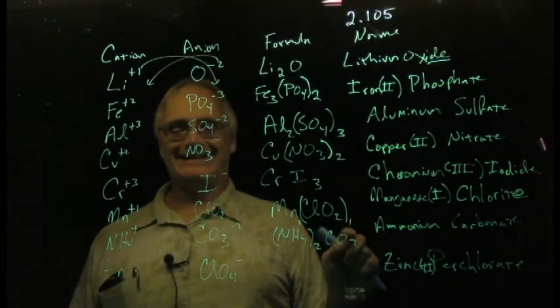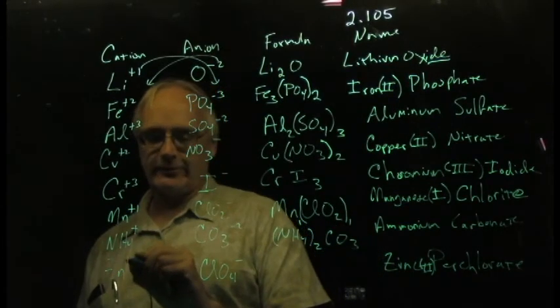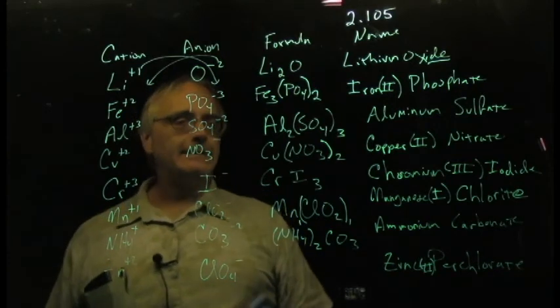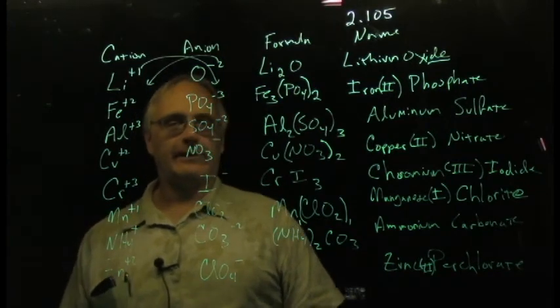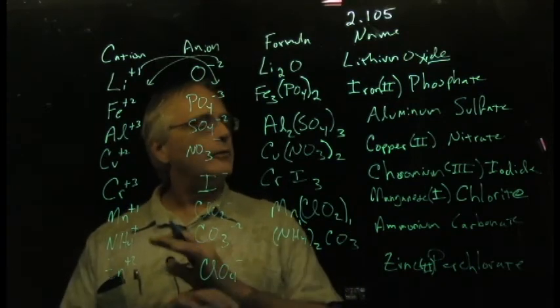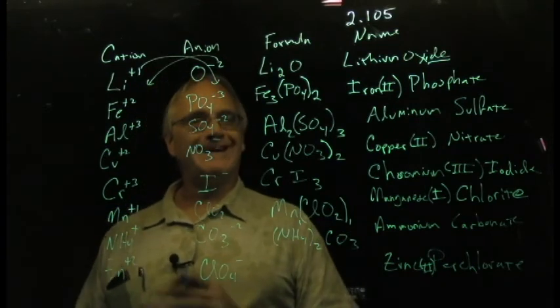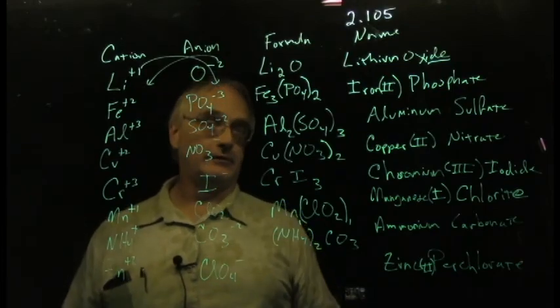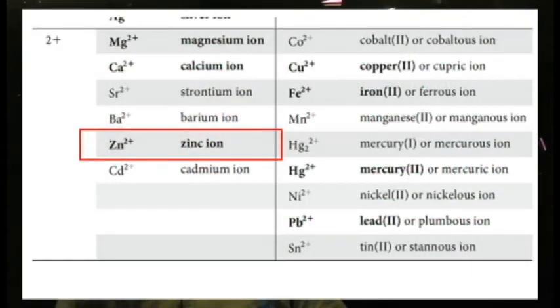They didn't in this case, but it is +2. Mainly what they're revealing here is that zinc is in the transition metals, but it is almost unheard of for it to be in any other charge but +2. And so they're kind of expecting you to just kind of know that.